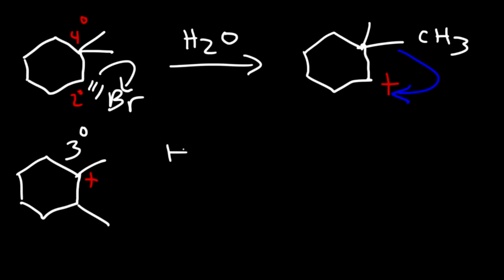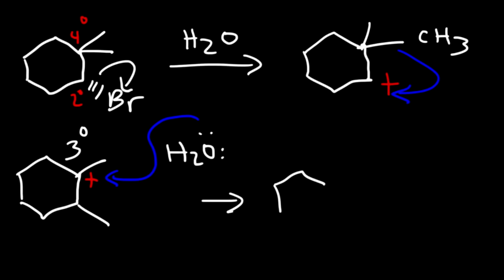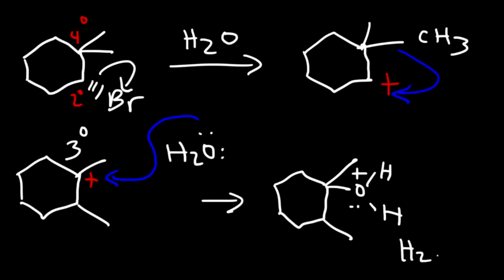At this point, water is going to react with the carbocation. And then the last step is going to be the removal of a hydrogen. So now water is going to behave as a base, taking off this hydrogen.